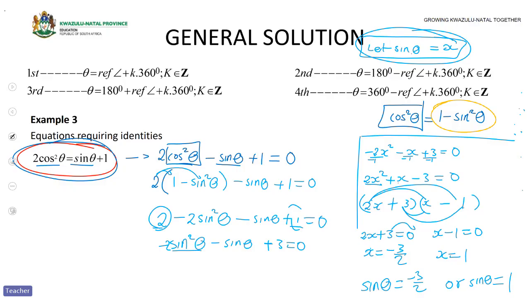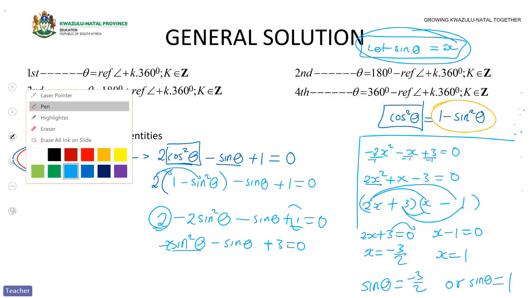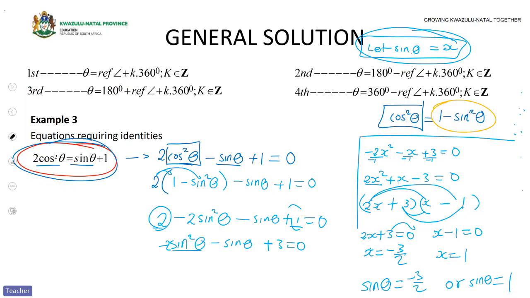Then we need to find the general solution using these two. We know that sine theta equals negative 3 over 2. That should be undefined, because 3 over 2 is 1,5, and sine theta, the maximum as well as the minimum, should be between negative 1 and 1.